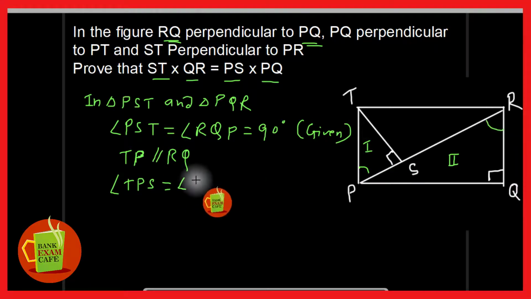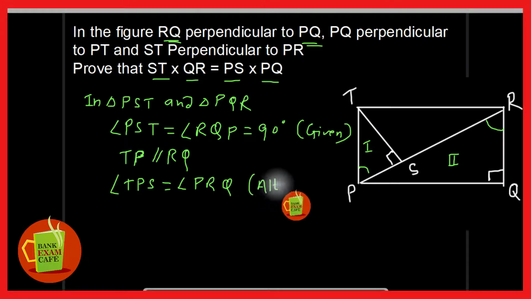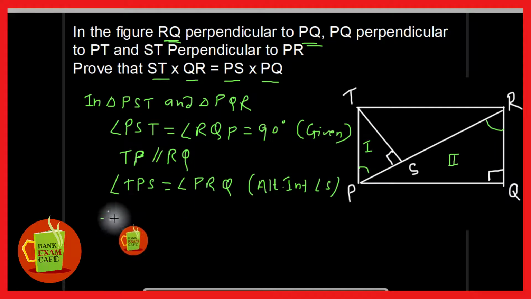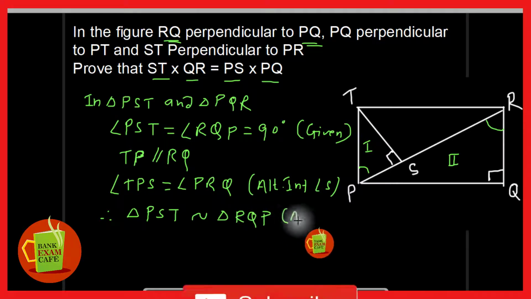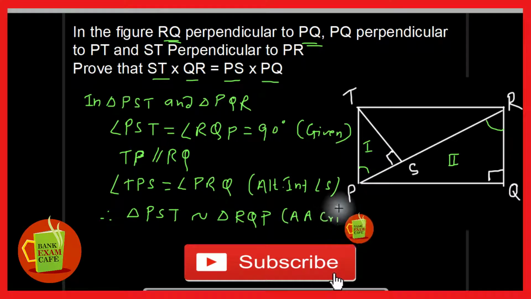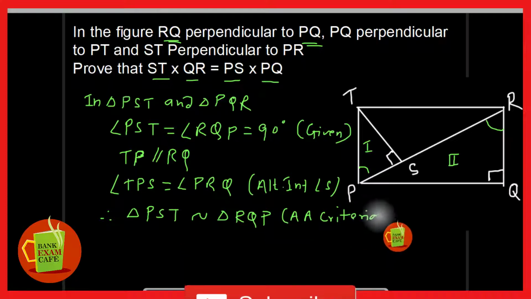Reason: alternate interior angles. And therefore by AA criteria, triangle PST is similar to triangle RQP. Reason: AA criteria.